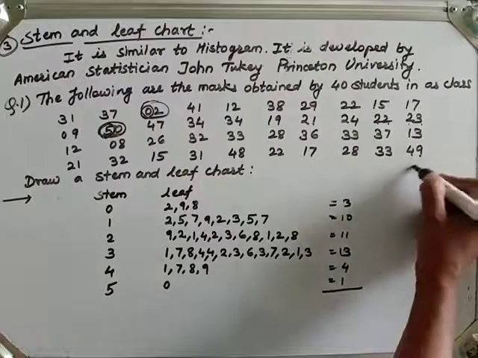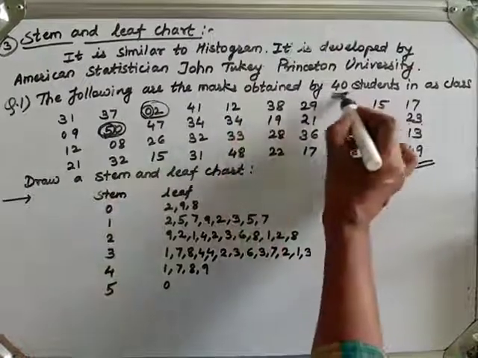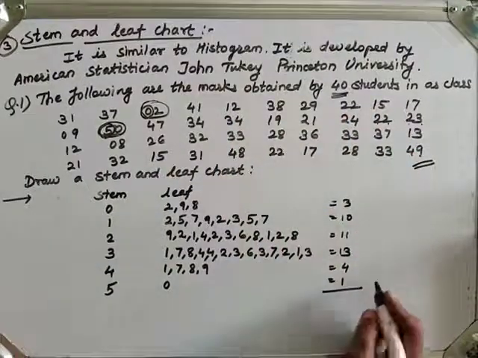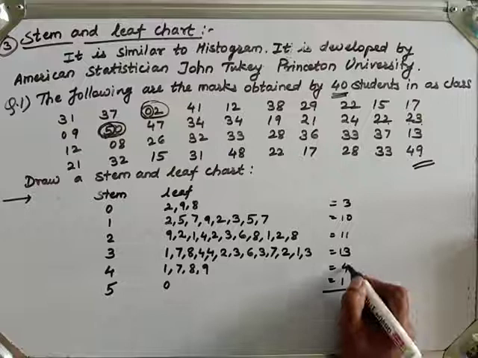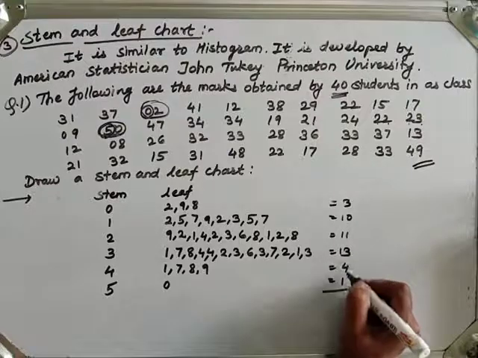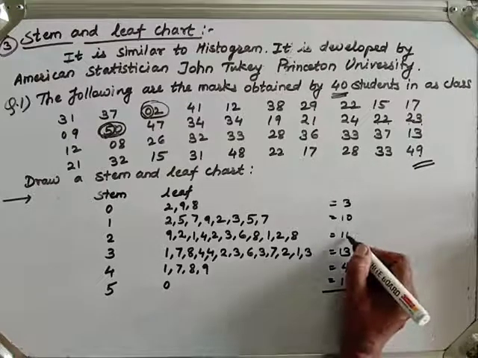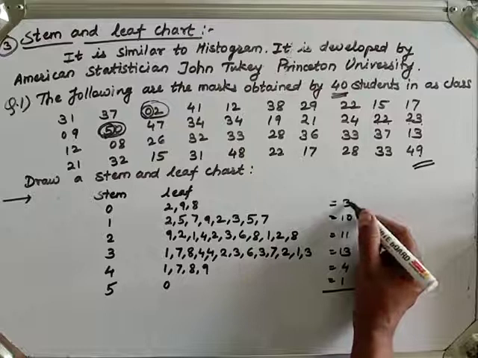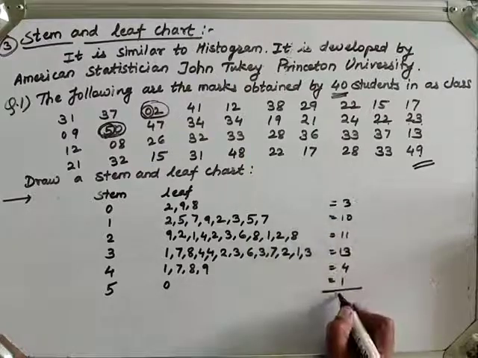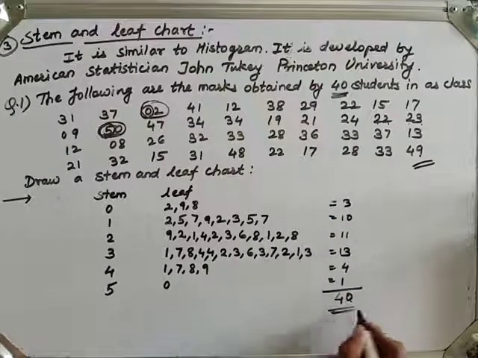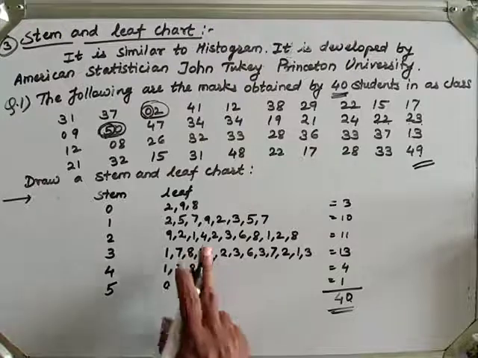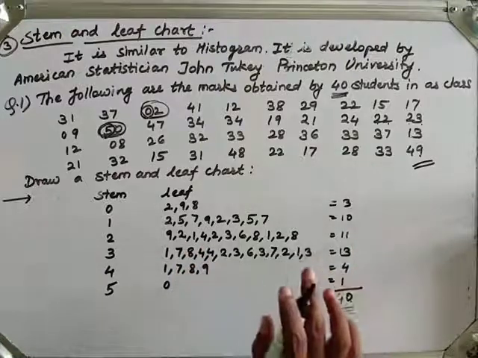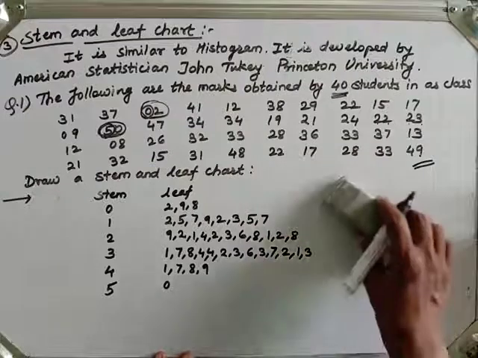It is the data of how many students? 40 students. So this addition should be 40. So 5, 13 plus 5 is 18. 18 plus 11 is 29. 29 and this much. How much? It is 40. So as such, you can cross check this part.